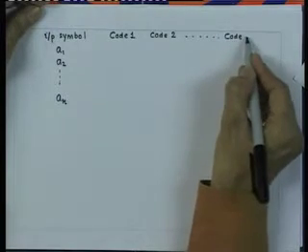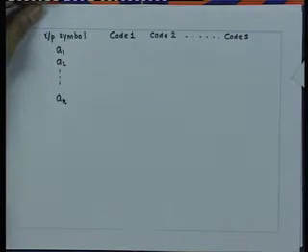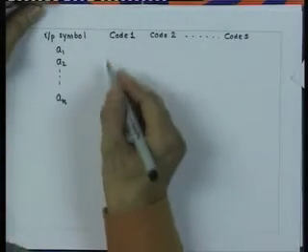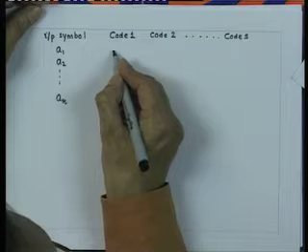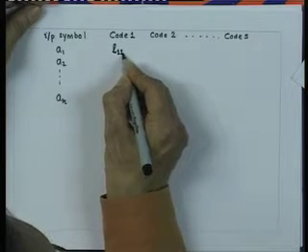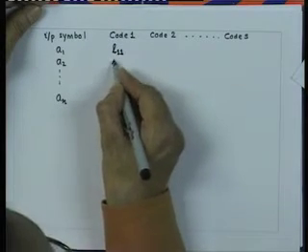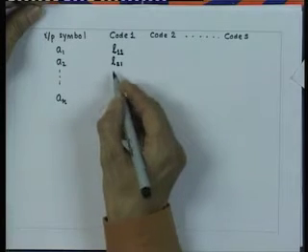Since the output alphabet is of size S, we will have S codes, and each of these codes will have code words with the lengths given as follows.